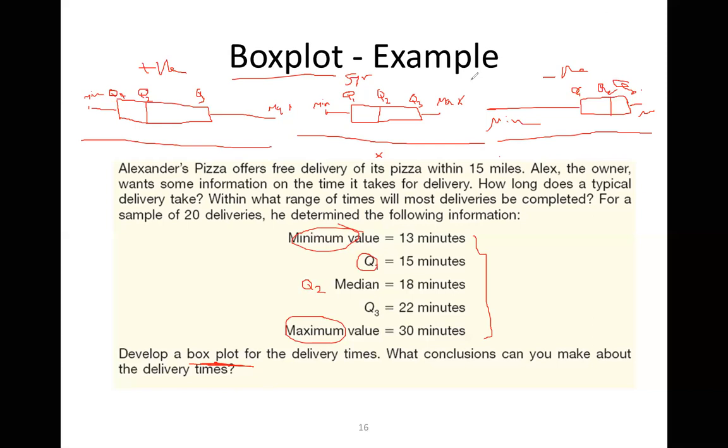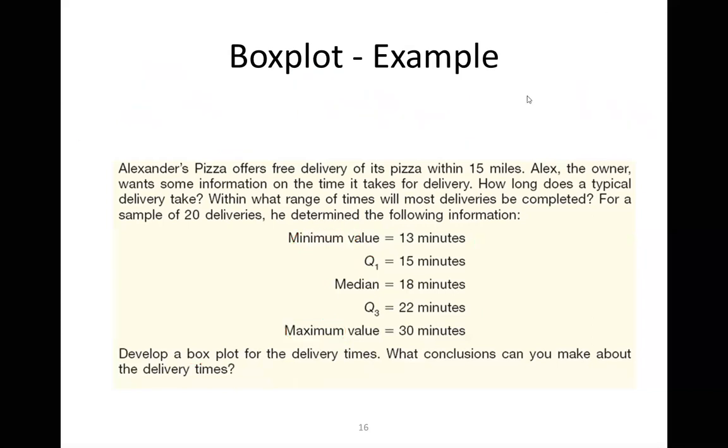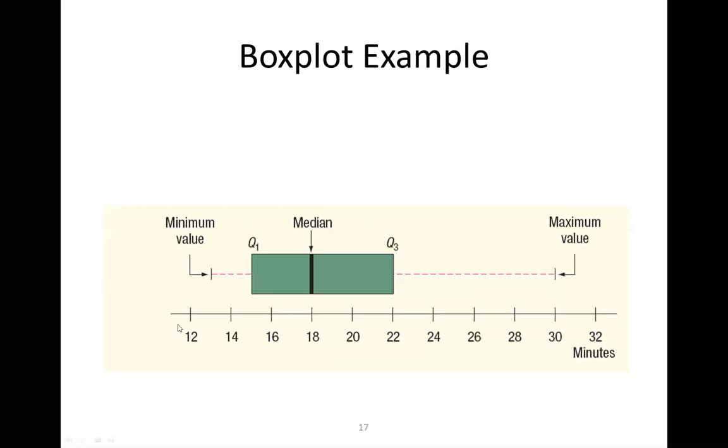Now the answer for that is very simple. In the other slide, for the scale of the x values, we have the scale from 12 to 32 to include all the values, and then the values of Q1, Q2 the median, and Q3. Based on that, the main information after plotting the box plot is that we can observe that we have data skewed to the right.